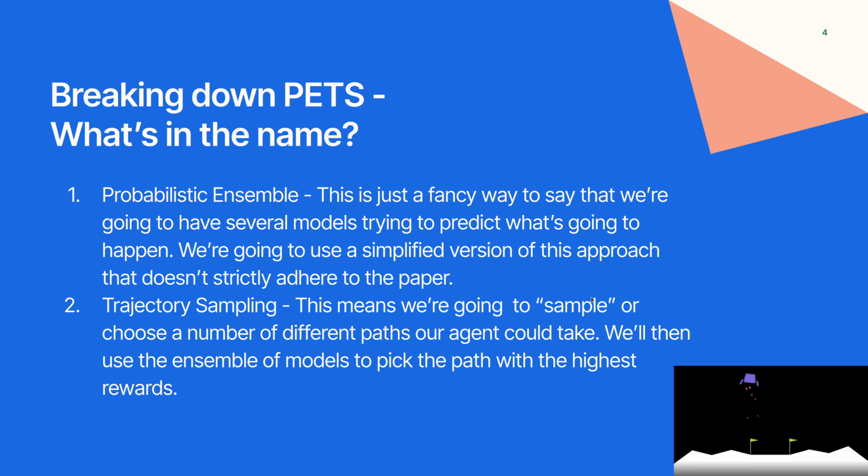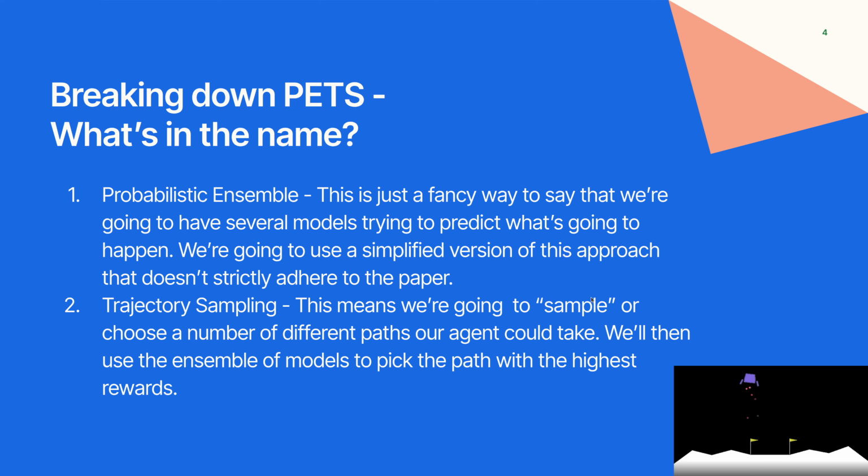And then whatever the best rewarded thing was in those steps, we're going to take the next couple of steps along that path. So if we've predicted 50 steps down the line and we go, hey, this looks like the best route, then we're going to take the next couple of steps, and then we're going to go through and calculate again.